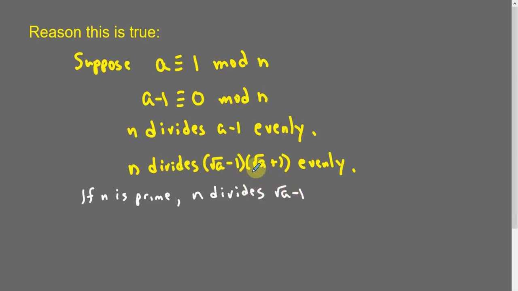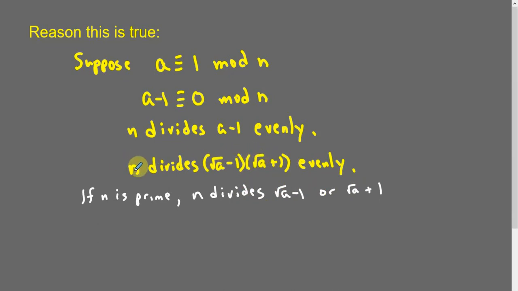Or maybe both, but it has to be at least one of them. Right? I mean, think of prime factorization. This guy has its prime factorization. This guy has its prime factorization. If n is prime, then it's got to show up in either one of these guys' factorizations.